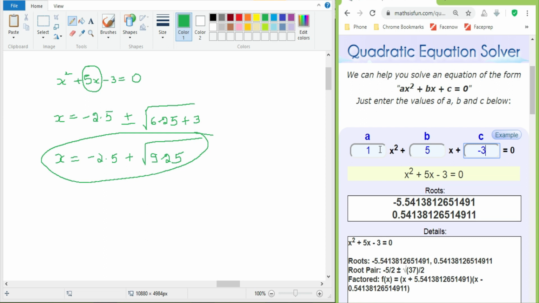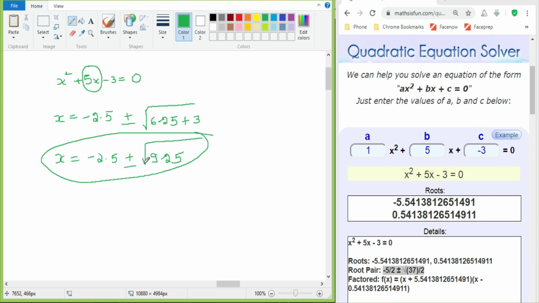Look here guys, look at the root pairs here. Here the answer is minus 5 by 2, that is minus 2.5, plus or minus, I have missed minus here, root of 37 divided by 2. That division is outside the square root guys. When it comes inside, that will be divided by 4. So 37 divided by 4, we'll get it as 9.25. That's the correct answer here.